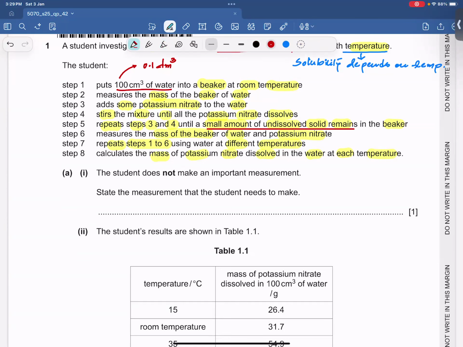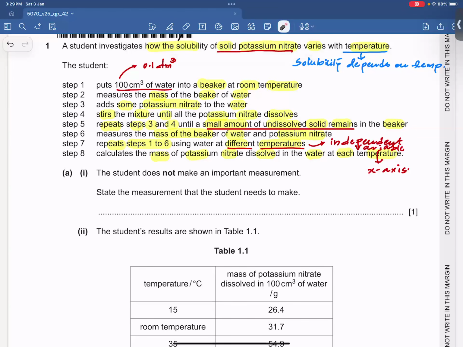First, since we are changing temperature, that means it has to be the independent variable. Independent variable always exists on the x-axis. This means whenever the examiner talks about the graph of solubility versus temperature, temperature has to be on the x-axis because it is an independent variable.